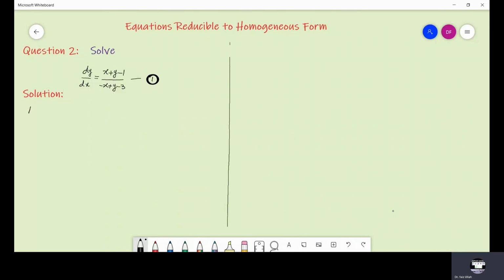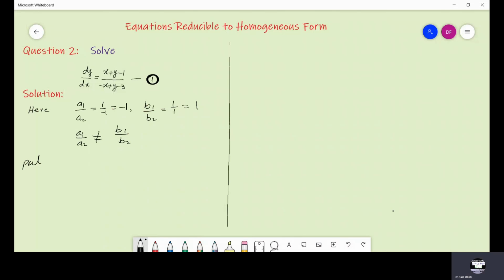To solve this differential equation, here a1 divided by a2 is equal to 1 divided by minus 1, which is equal to minus 1, and b1 divided by b2 is equal to 1 divided by 1, which is 1. So we can see that a1/a2 is not equal to b1/b2. So we can use case number 2 here.